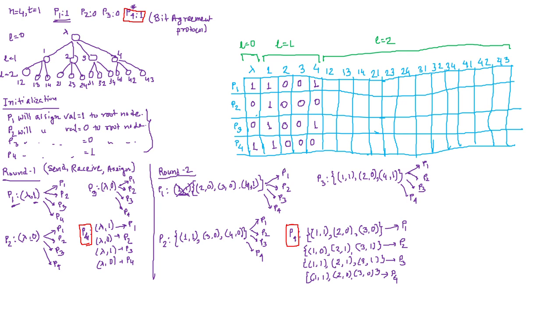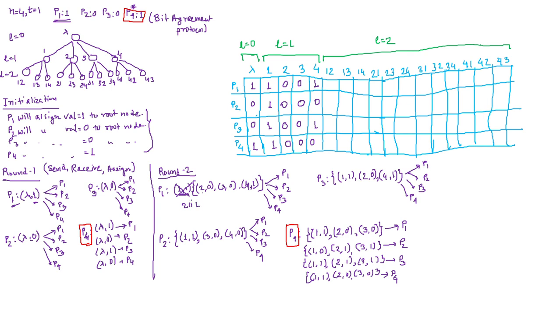We see that P1 has received all these values from P1. So receiving value 2, 0 from P1 implies assigning value 0 to the node in P1's local EIG tree with tag 2 concatenated with party ID 1.